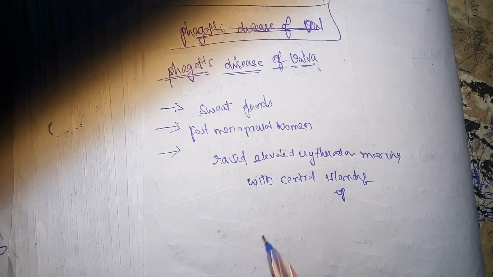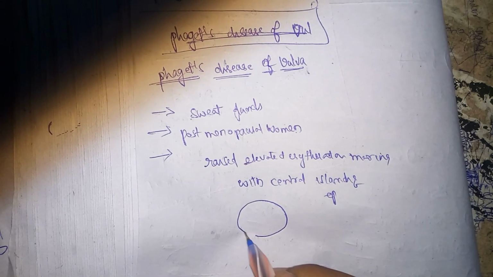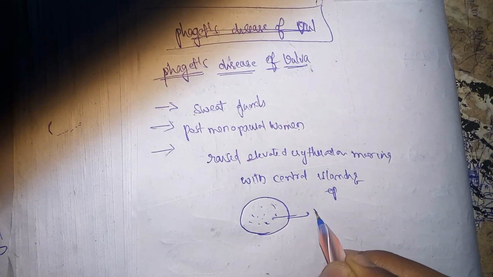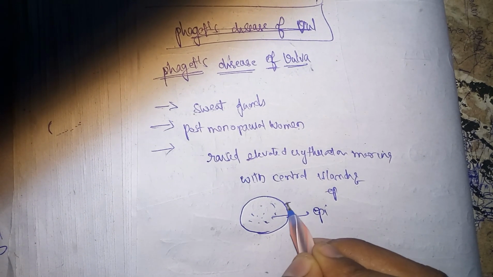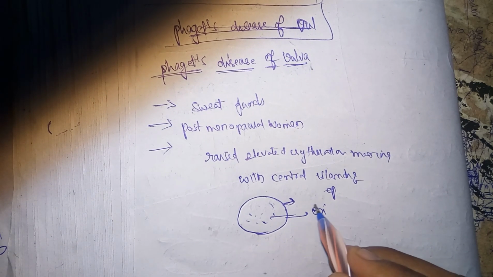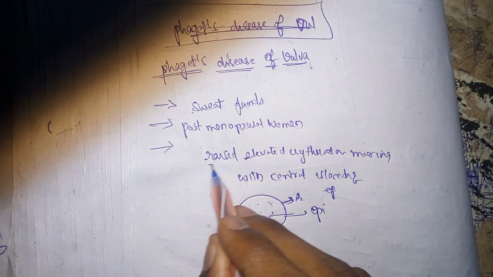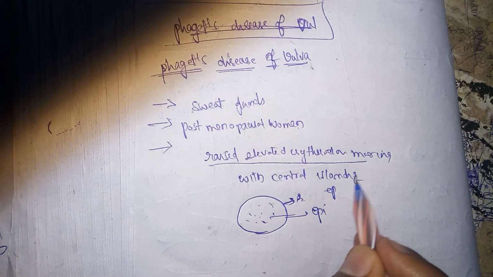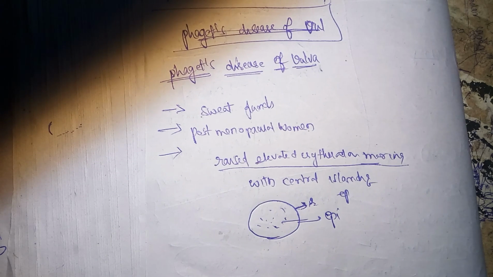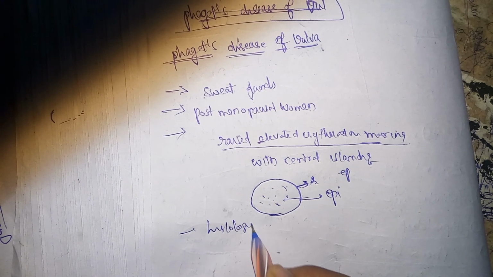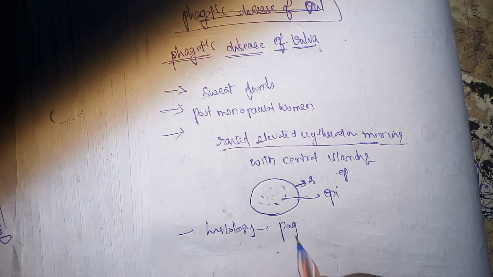Let me tell you how it looks. Suppose this is the lesion. In the central part we will see epithelium, and this peripheral part, what I am showing you right now, is the raised, elevated erythematous margin.